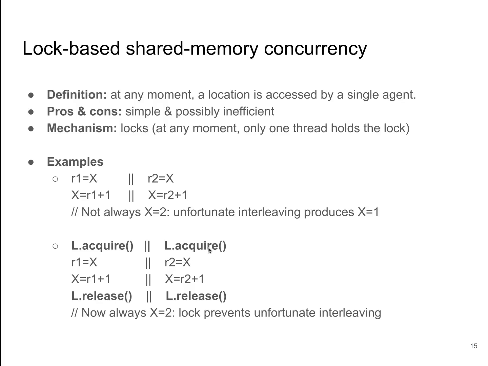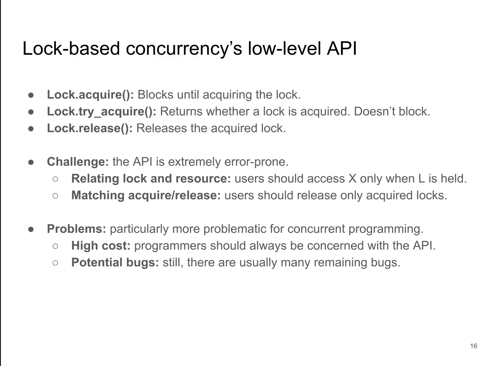On the other hand, if you forget to insert the acquire here, then the invariant x equals 2 may not hold at the end of the execution. So you need to very intelligently insert those API invocations, and only if you successfully insert them very well, the system will work as you intended.